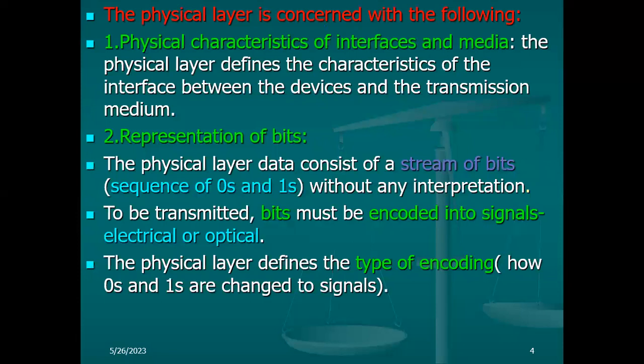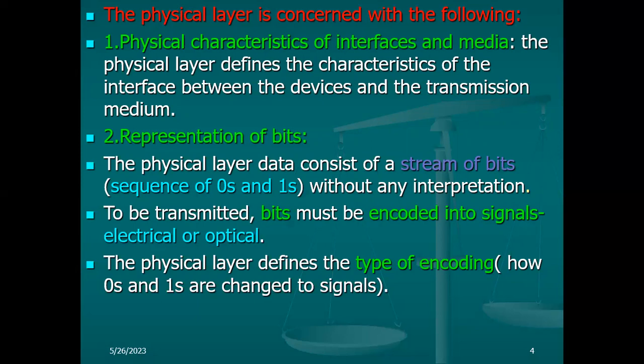The main functionalities of the physical layer are described here. The first main function of the physical layer is that it determines the characteristics of interfaces as well as the transmission media. It determines how to represent the data while transmitting through the physical medium.